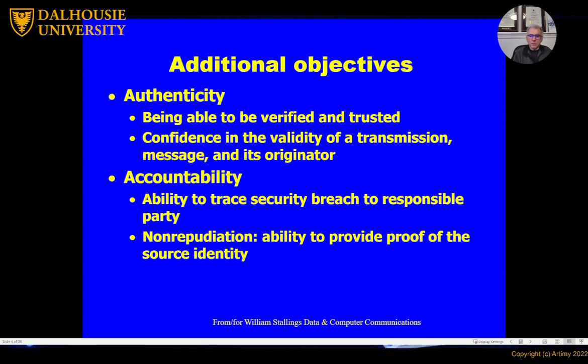The other part, or the last part, is accountability. Even if you are authorized to access a system, the security system should be able to trace your actions within that system to make sure that you don't abuse your privileges, right? So let's say a system administrator has all the privileges to go and do anything, change the configuration of a computer, install or uninstall software, or go to the network and change the configuration.